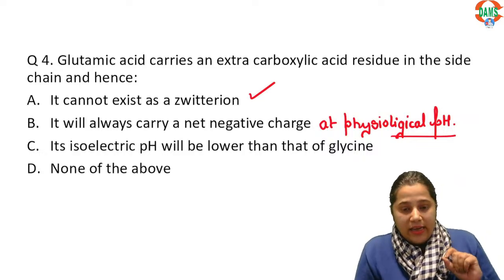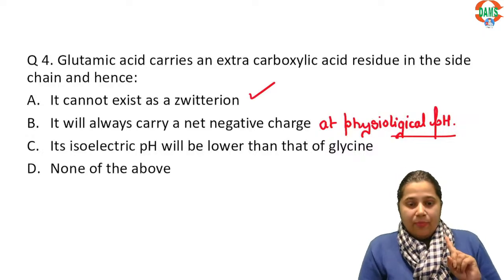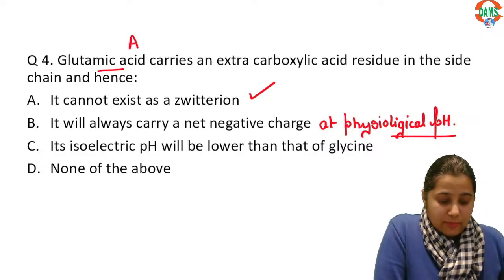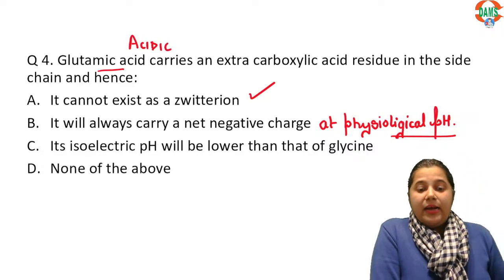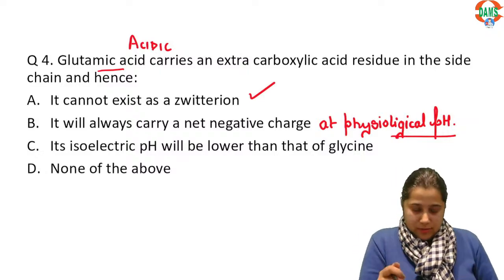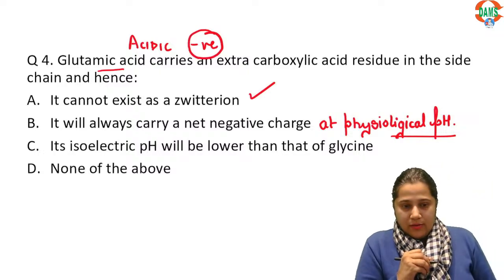It will carry a negative charge at physiological pH. Yes, because glutamic acid is a type of acidic amino acid. That means its R group will contain a negative charge to it.